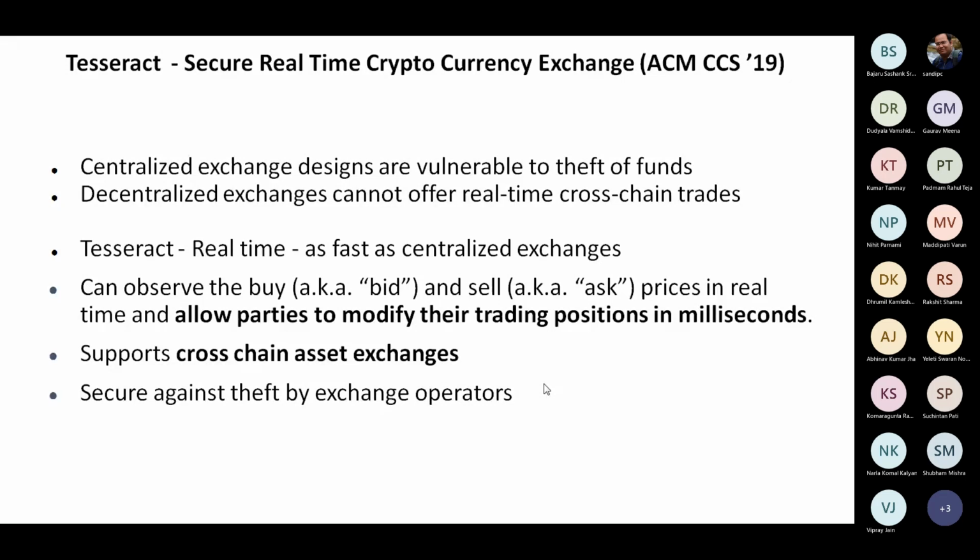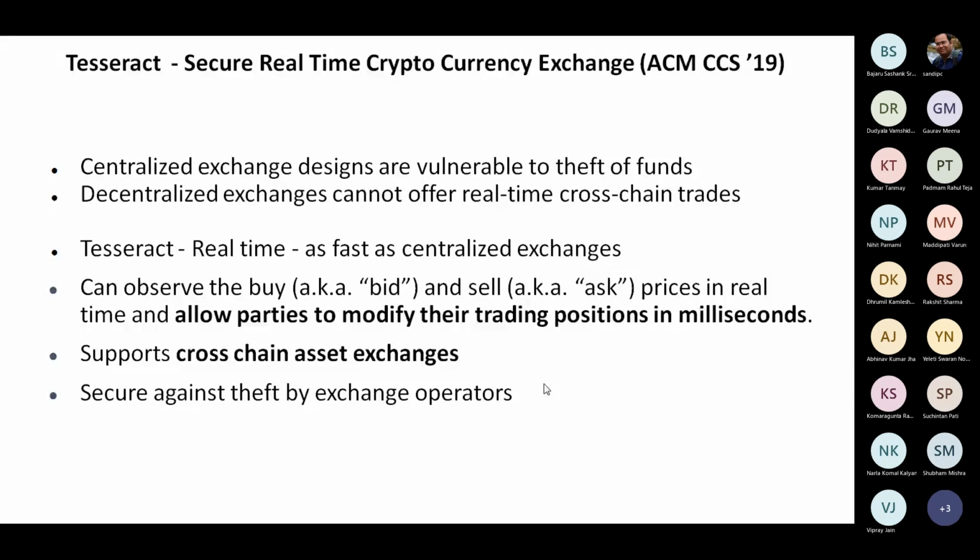These would take place only when there is the possibility of doing it in real time. But real-time trading cannot be supported in decentralized exchanges, which are always dependent on the transactions being included in blocks. So it is going to be limited by the rate at which the blocks are getting mined in the respective networks.